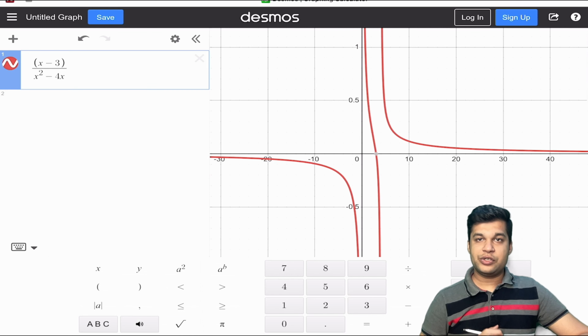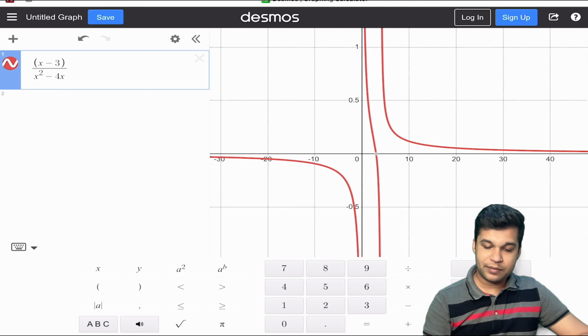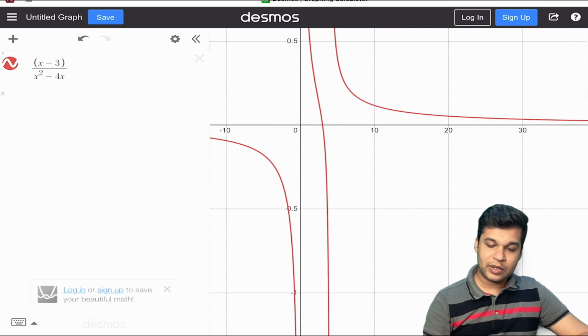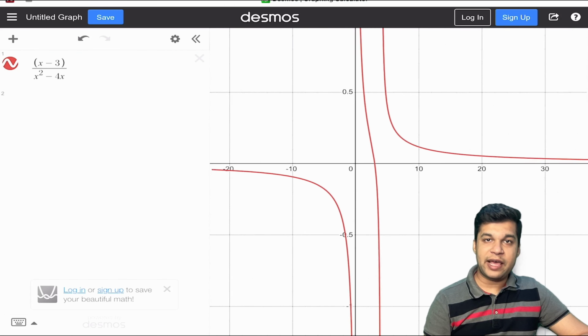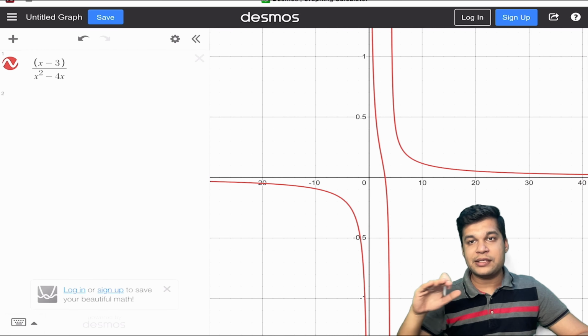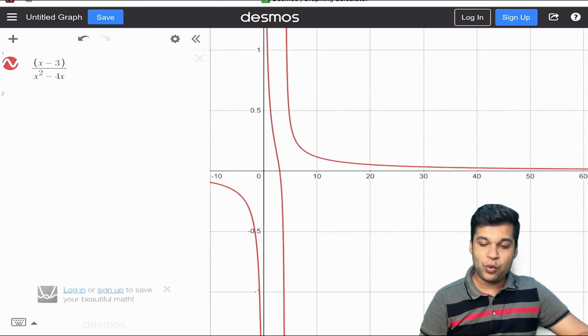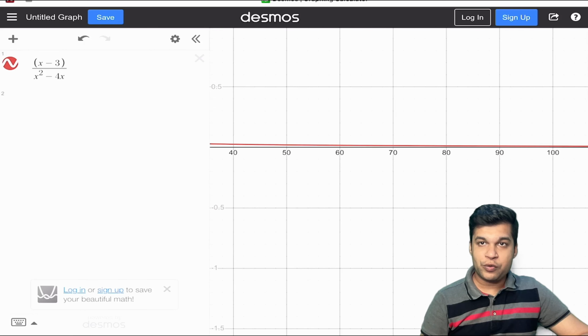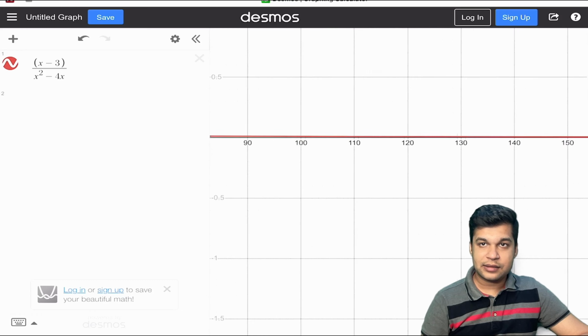If you observe carefully, the curve is trying to touch the x-axis, or you can say the x-axis is trying to touch the curve, but they never touch. I'm going towards the right. Mark the x-axis.